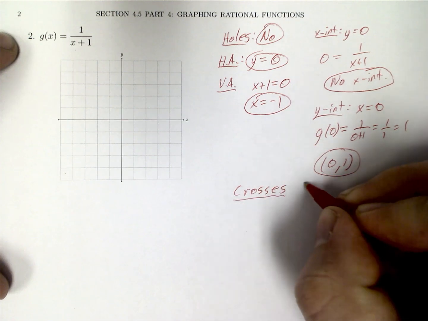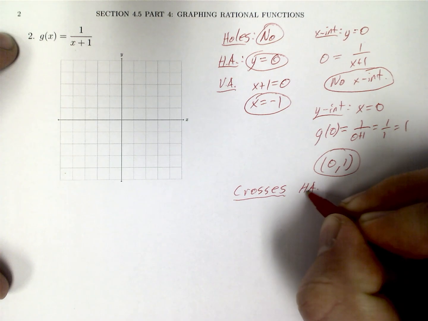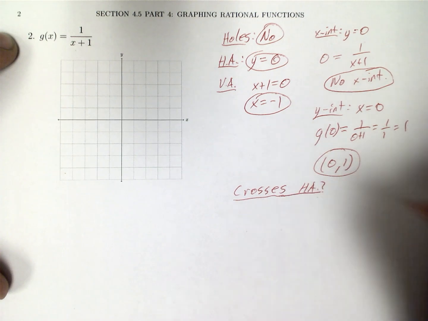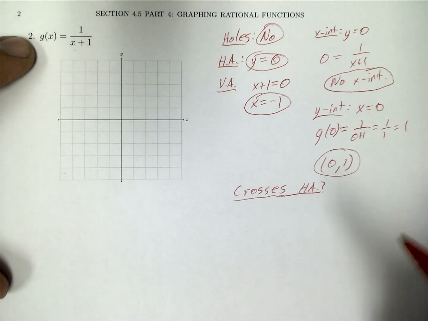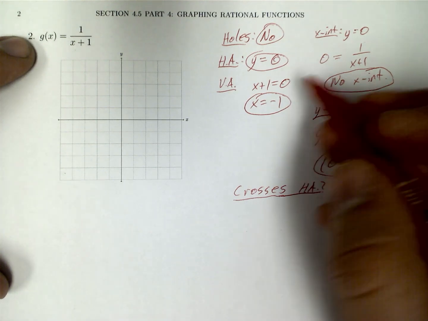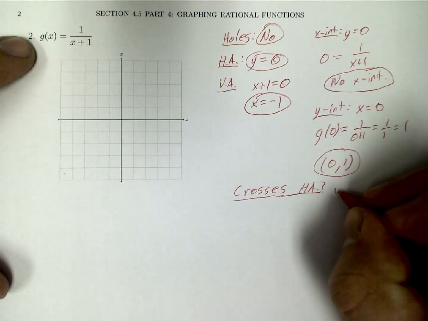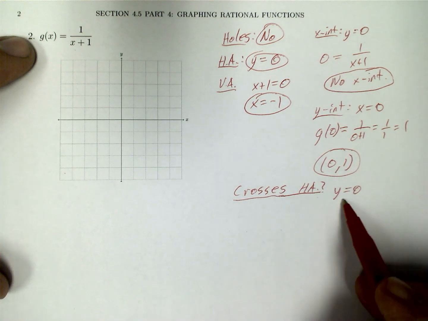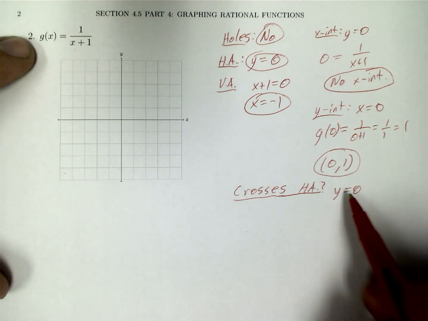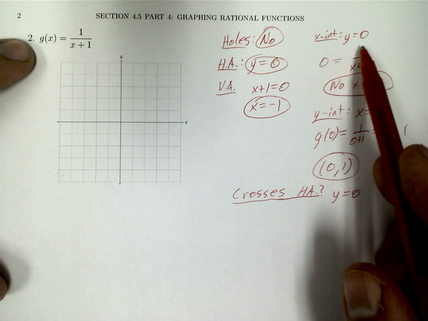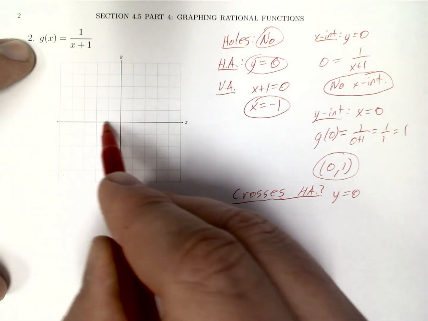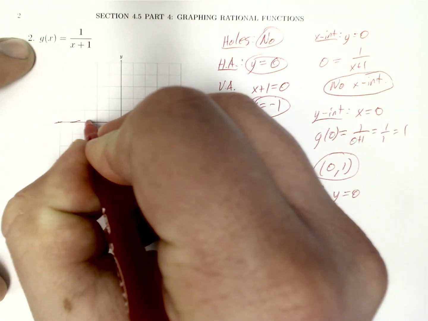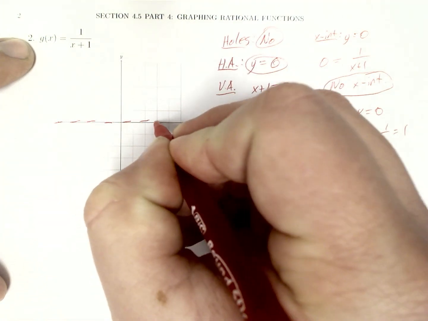And now, again, we have this new thing we need to check out. Does it cross the horizontal asymptote? Well, if it did, where would it cross it? It would cross it at the horizontal asymptote, which is y equals 0. But have we already set the whole equation equal to 0? Yes, we did. This is the horizontal asymptote.